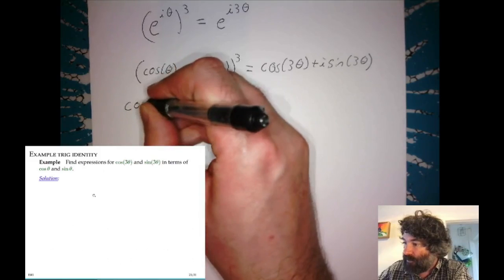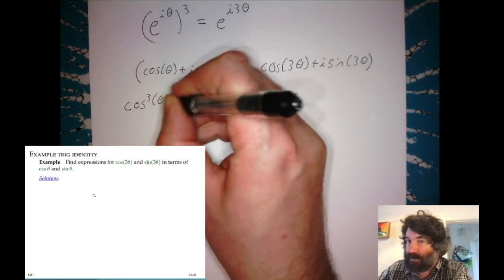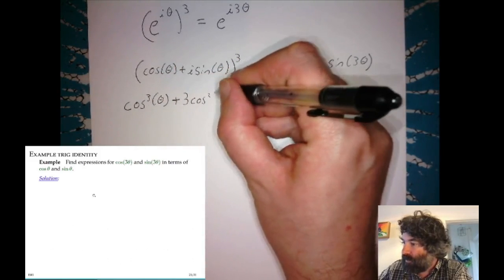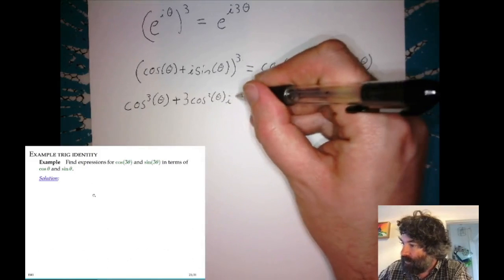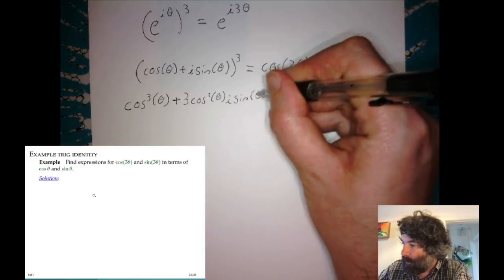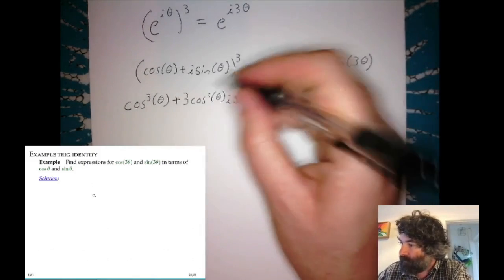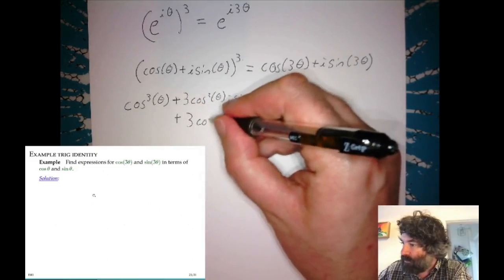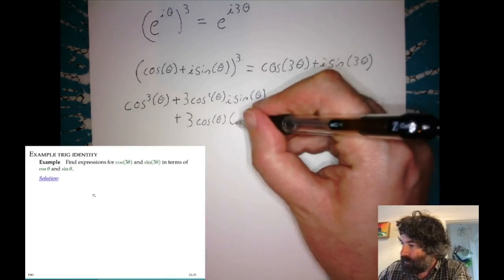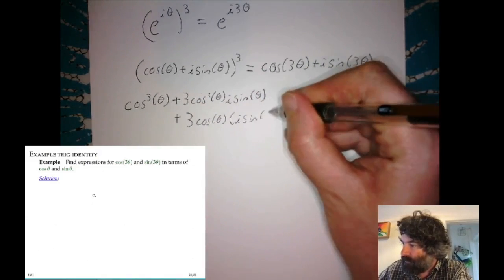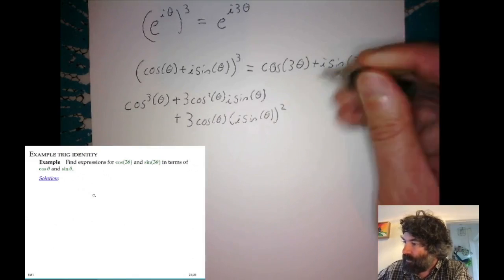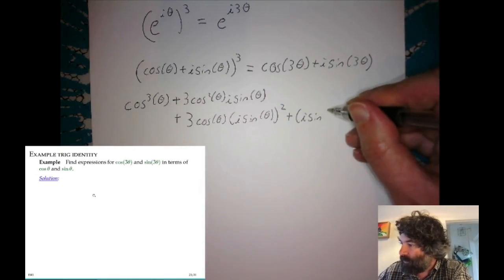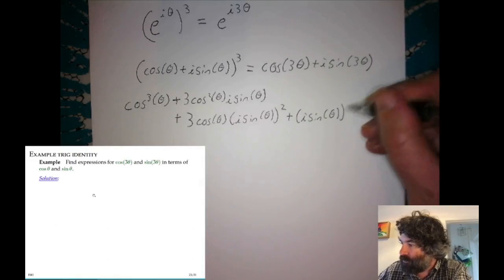Once you do that, you have cosine cubed of theta, the first term, plus 3 cosine squared of theta times i sine of theta, and then plus 3 cosine of theta times i sine of theta squared, and then finally plus i sine of theta cubed.